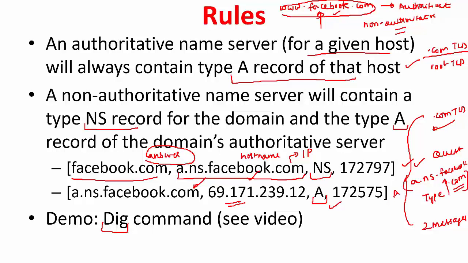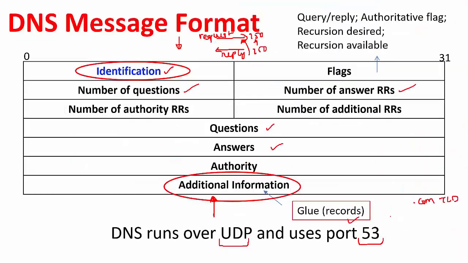So you might as well send this information along with the previous message. And this is what is called a glue record. So this information is also sent here as part of additional information, because this is something that the local DNS server will anyway require for proceeding further. So these are helpful records that you send along with the answer.